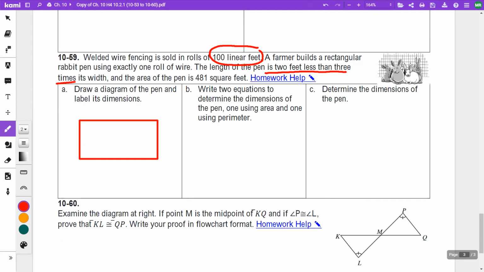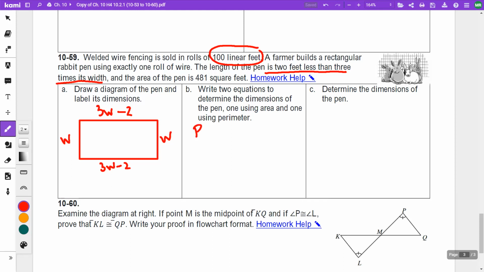So I am going to call this width. And then the length is going to be 2 less than 3 times the width. Write 2 equations to determine the dimensions of the pen, one using area and one using perimeter.